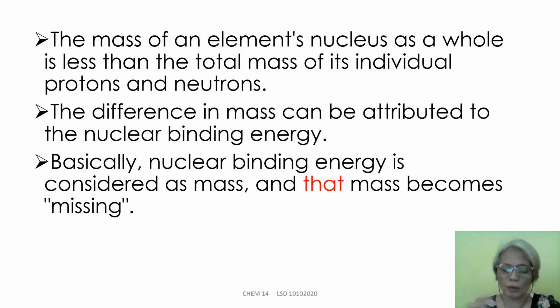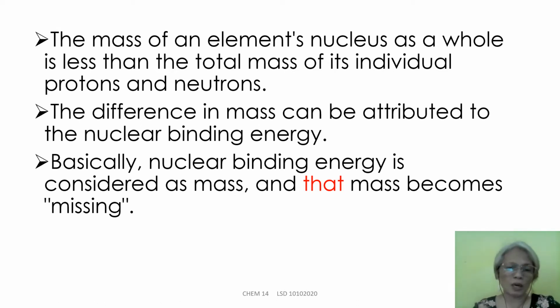Now they found out that when you sum up the total mass of the individual protons and neutrons, in this case 11 protons and 12 neutrons, the total mass is more than the mass of the element's nucleus as a whole. So the element's nucleus as a whole is less than the total mass. Why is that so?